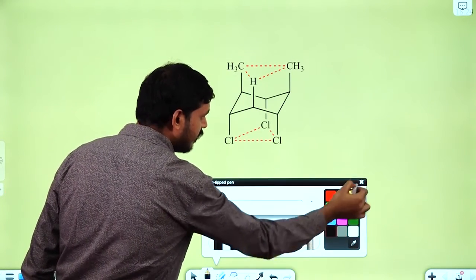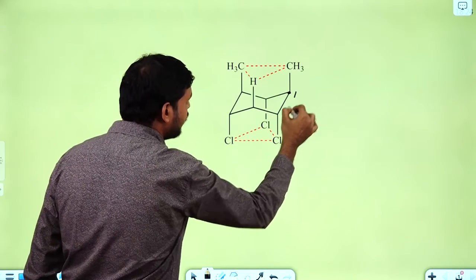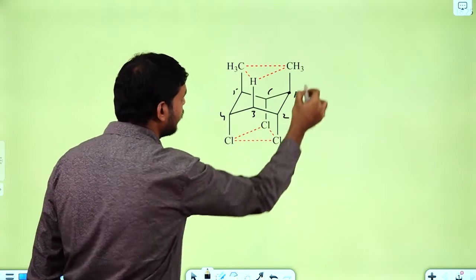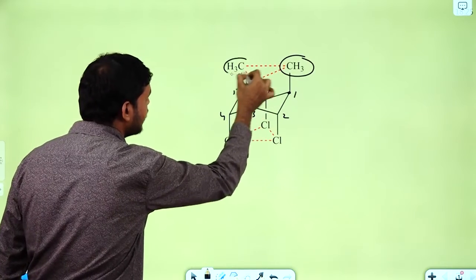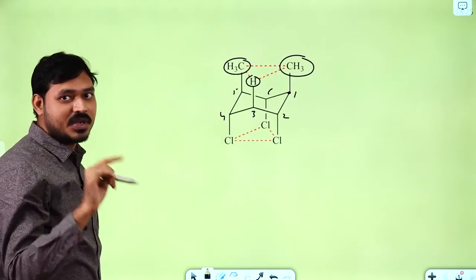So here you can see this is chair conformer. This is 1, 2, 3, 4, 5 and 6. Okay, now this is your 1 position CH3, 3 position hydrogen and 5 position CH3. So it is actually 1,3 and 1,5 diaxial repulsion.